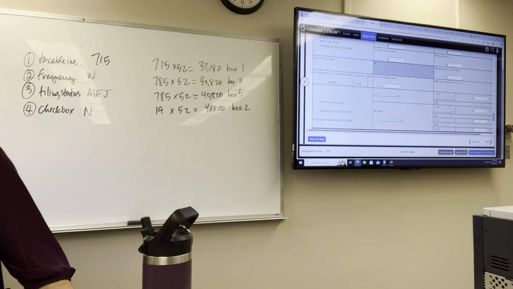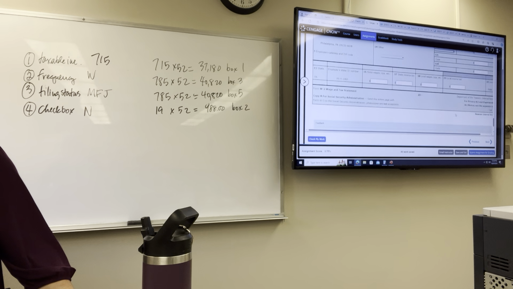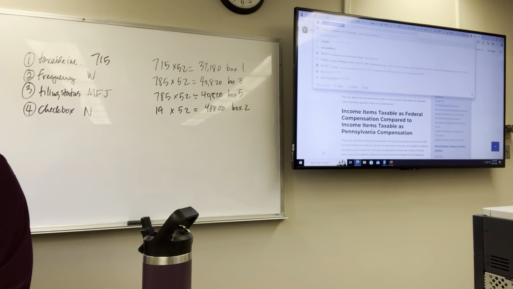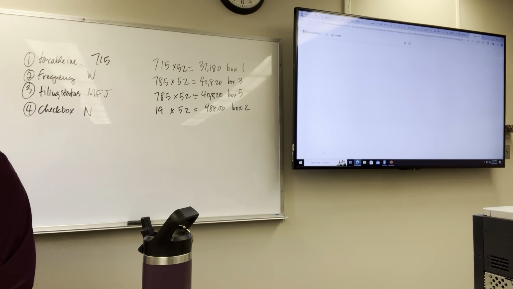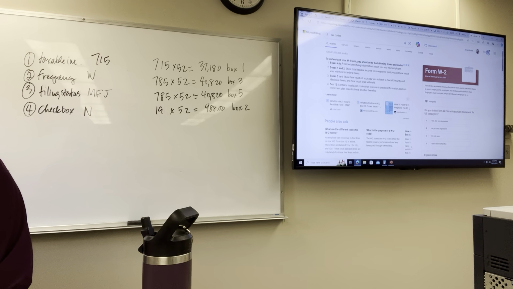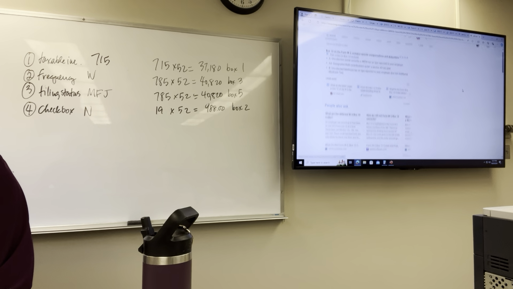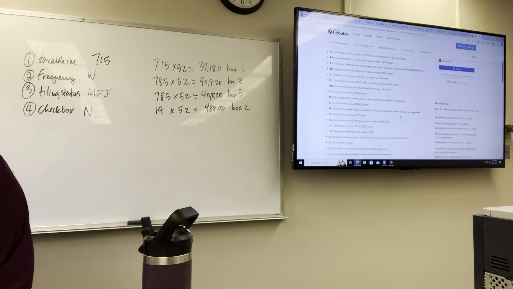Let's see, is it this one? 2 codes. I don't know what code for so the W-2 codes, you can look them up too. All right, so here's a list of different codes.